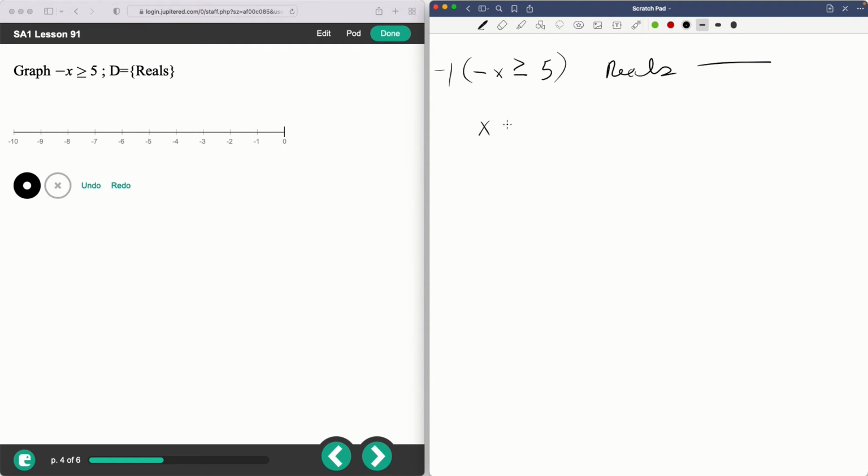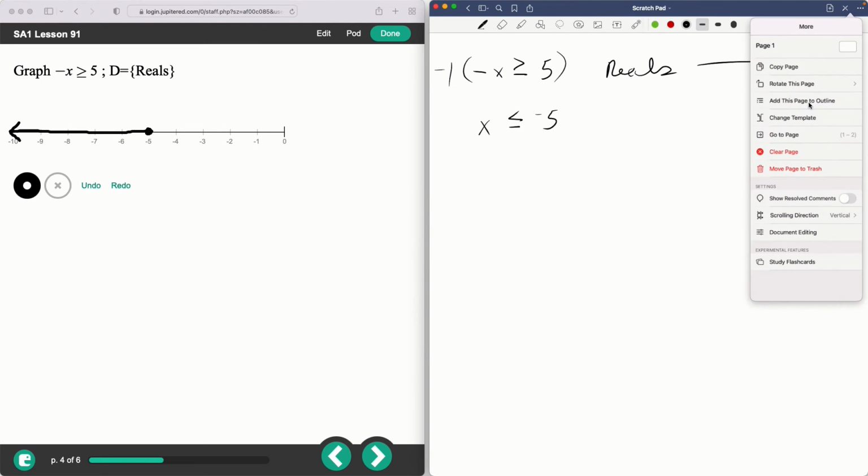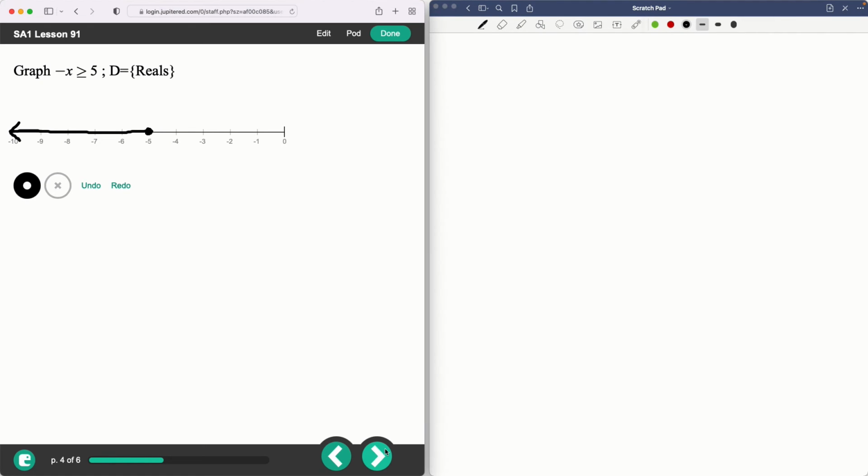We flip this, now it's less than or equal to negative 5. So because it's less than or equal to negative 5, we are going to circle negative 5 and fill it in because of the equal bit. And then we're going to go to the left because that's less. Done. Easy peasy. All right, let's clear the page here. Go to the next one.